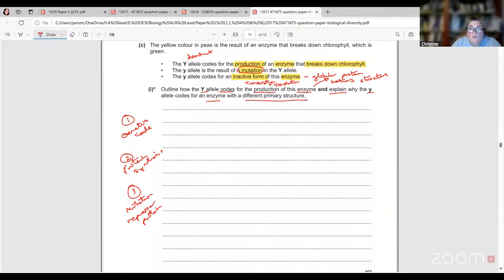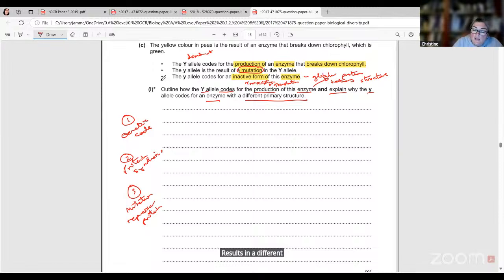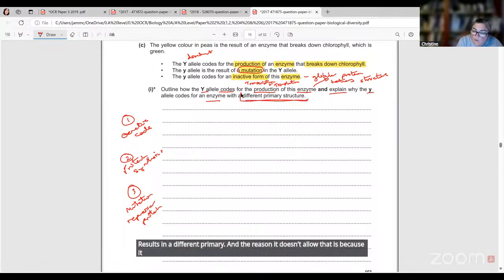The first two things. So in this case, hold on, let me have a look at what it's actually looking for you to say. So a reference to the nature of the genetic code and an outline of how alleles are transcribed and translated, and a detailed explanation of why the y allele results in a different primary structure.